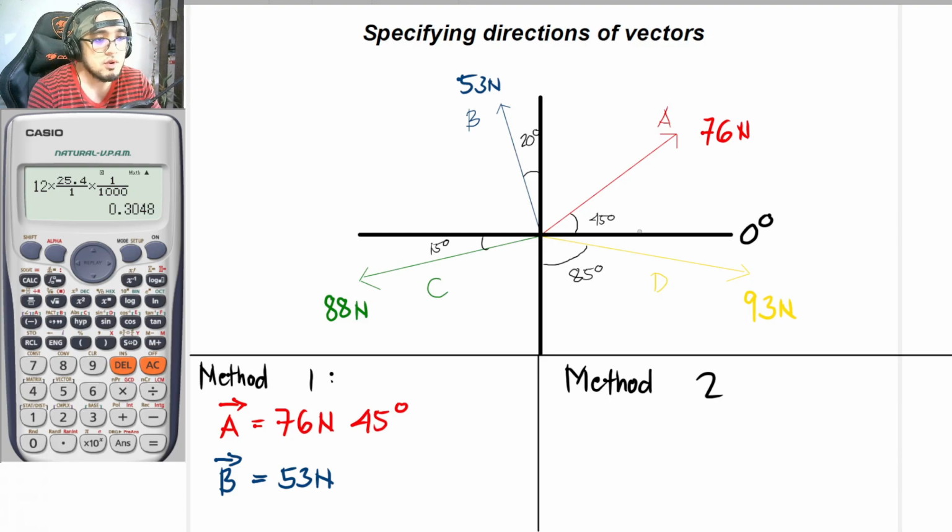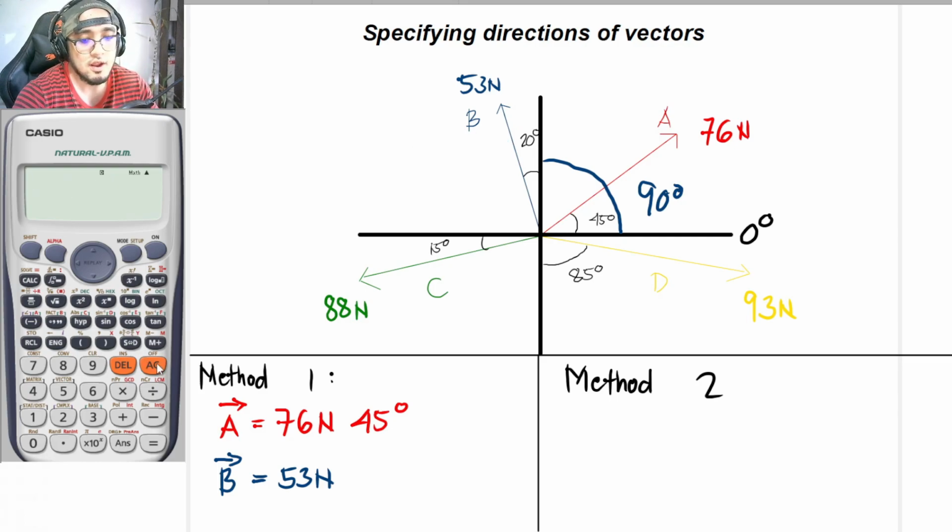So we would be measuring from here up until this point. If this is 90 degrees and this is 20 degrees, so 90 plus 20, looking at the calculator to your left, that is 110 degrees.